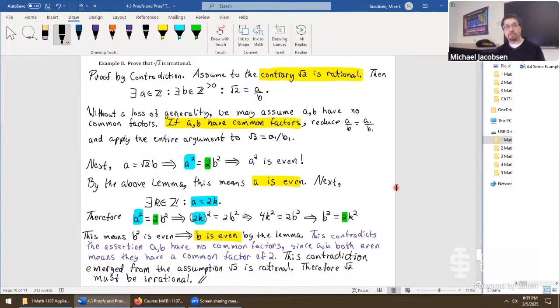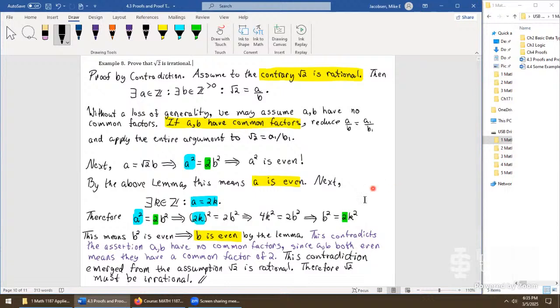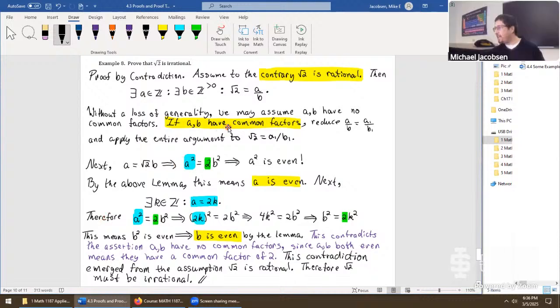Any last questions at all, folks, on getting through the entire sketch of this one? I think you might have meant to highlight in yellow that A and B have no common factors. Yeah, well, how'd that happen? Thanks for spotting that. No common factors is the intention. I think I said it, but I never wrote it. That's a huge fix.